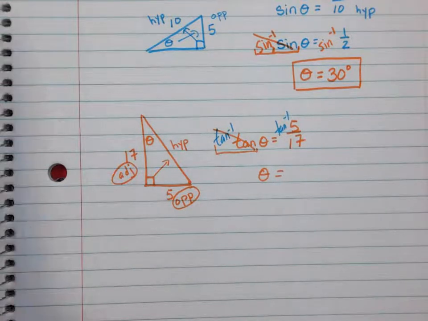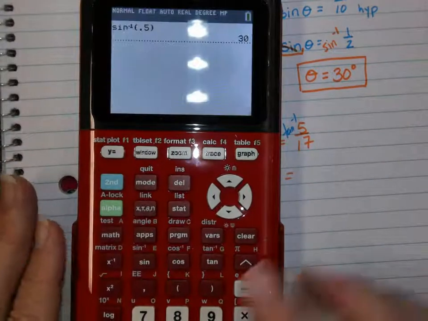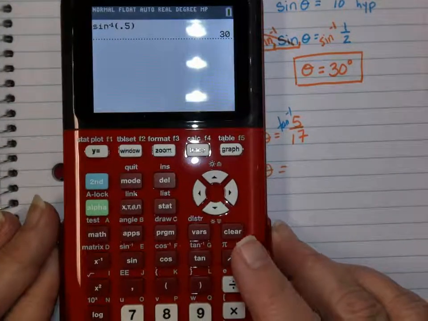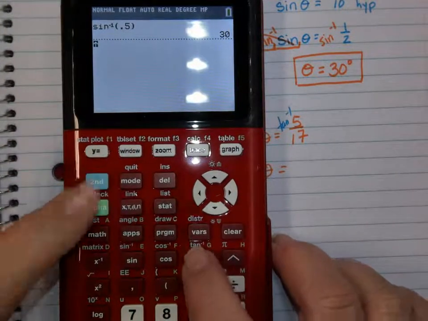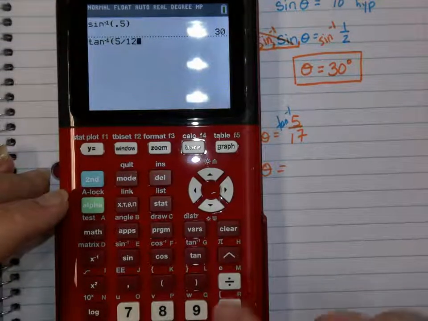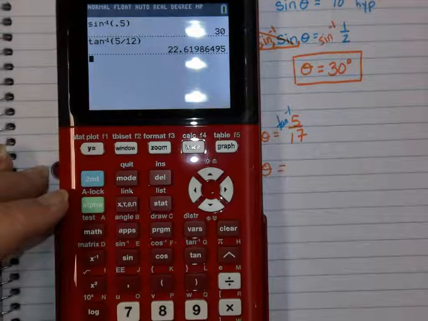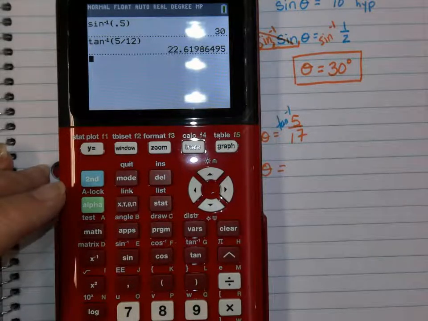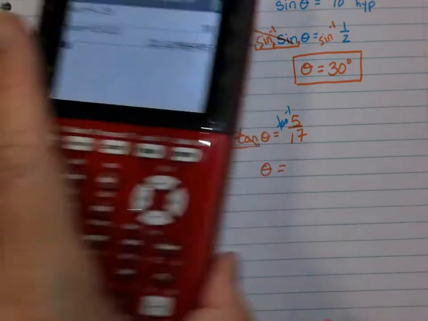So then I'm going to go to my calculator. And I'm going to do inverse tangent of 5 divided by 12. Enter. And when we do angles, we usually round to the tenths place, 22.6 degrees.